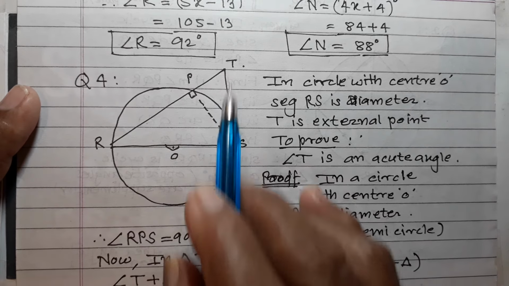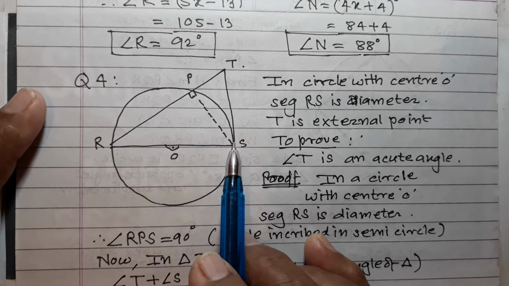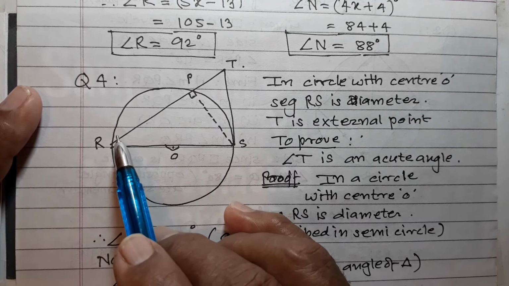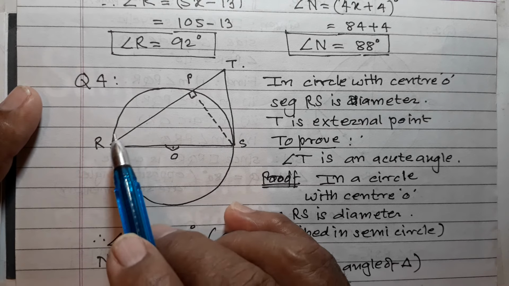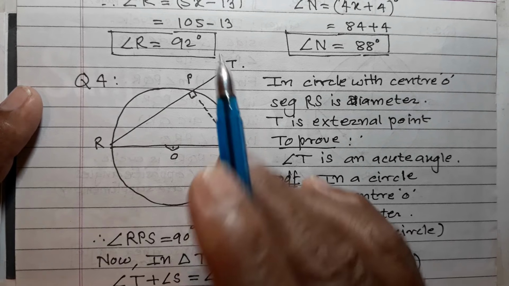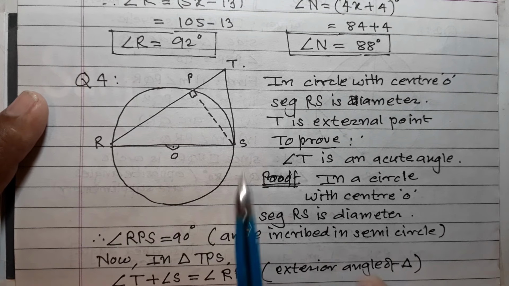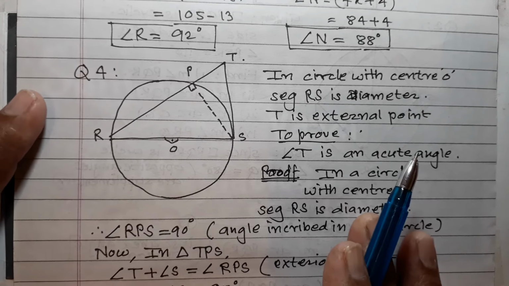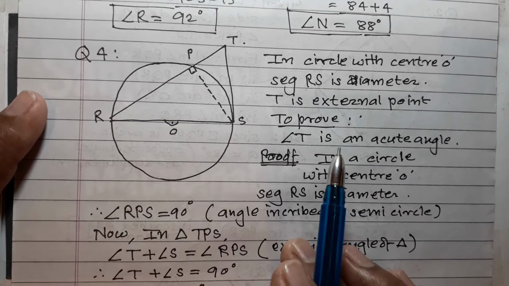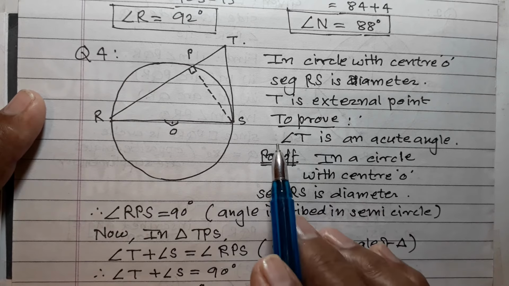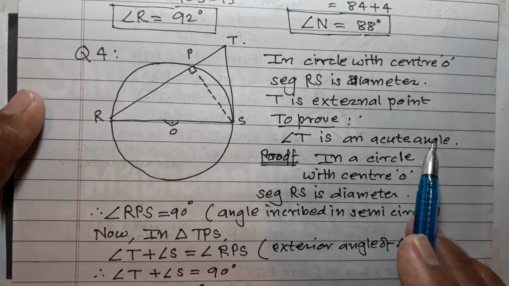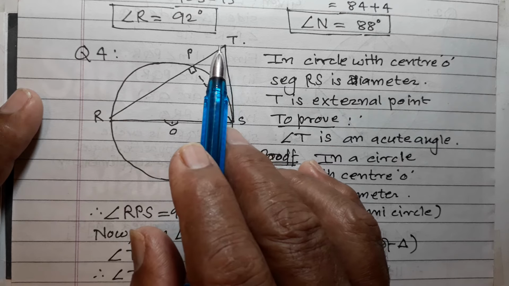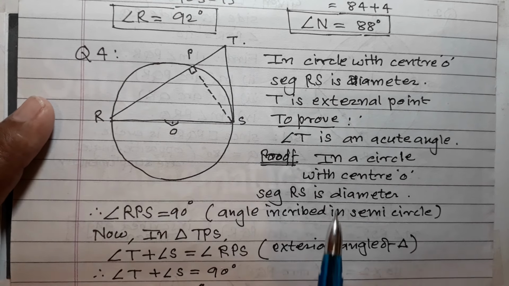Then this is a tangent to the circle, given. And this is a secant, intersecting the circle at P. T is an external point. Now try to understand this. To prove angle T is an acute angle, this angle is less than 90, that is an acute angle.